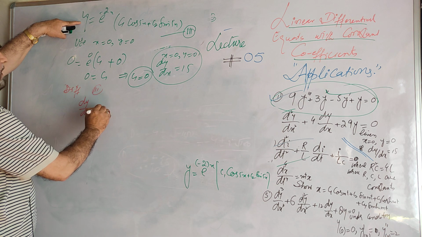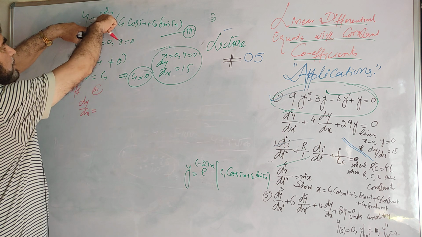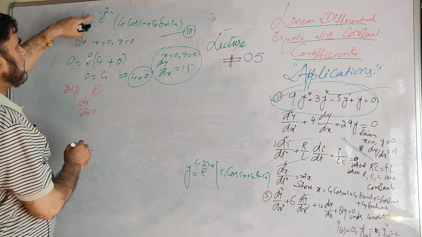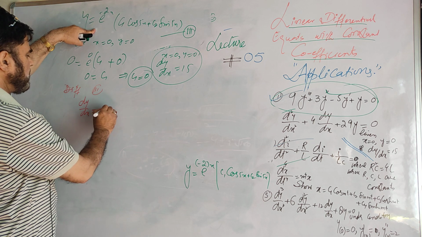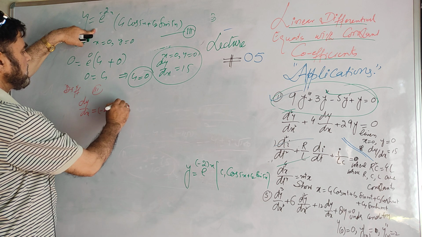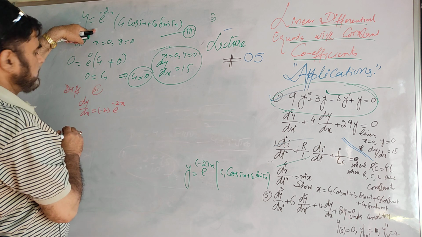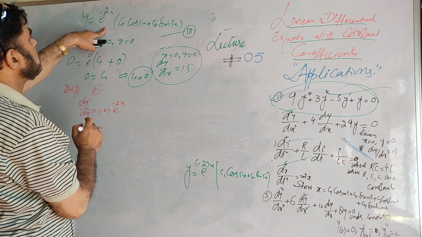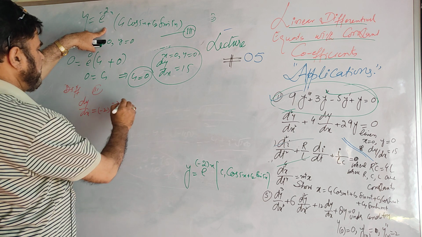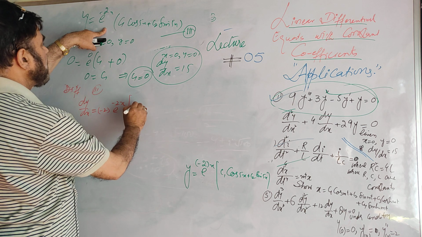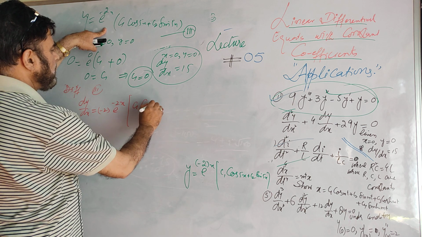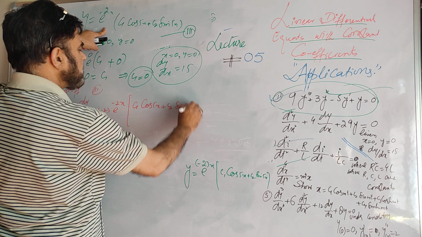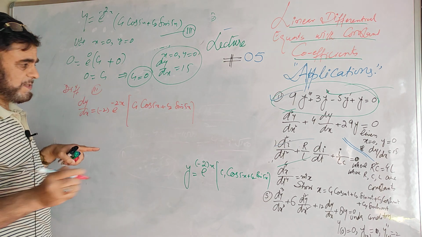It is equal to, using the product rule, the derivative of the power. The derivative of the power is minus 2. It is minus 2 e raised power minus 2x, then c1 cos 5x plus c2 sin 5x, second function as it is.